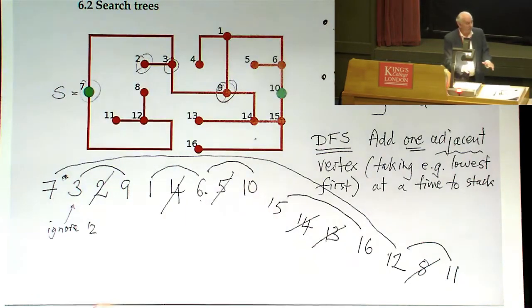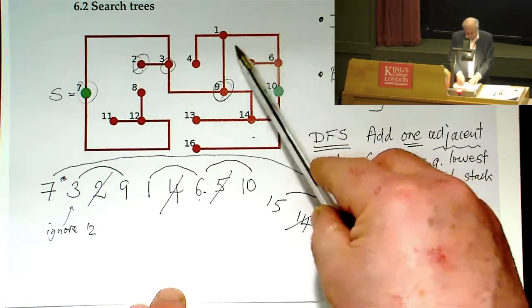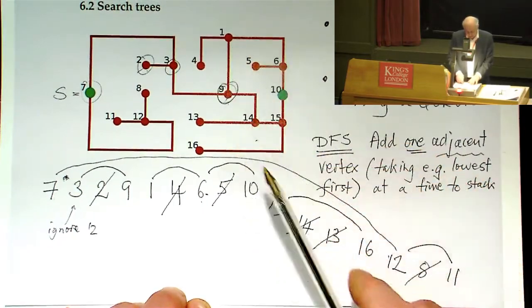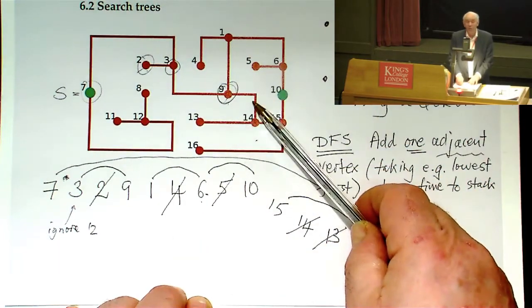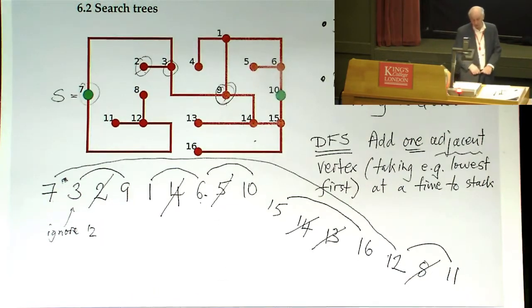It doesn't look like a tree, but that makes no difference. What's the definition of a tree? Why is this red graph not a tree? It has a cycle. It's almost a tree, but it has this cycle here. If I were to remove one edge, it would be a tree. So it's close to a tree, but it's not quite a tree.